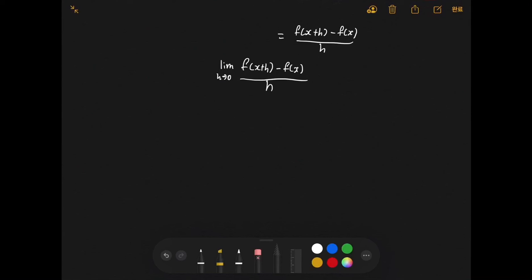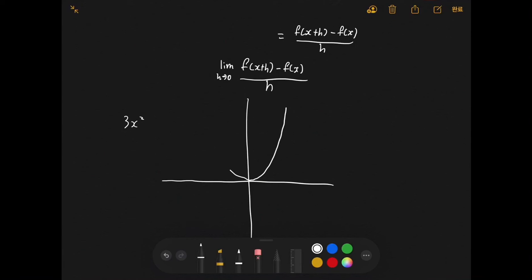Suppose we want to find the instantaneous rate of change of 3x squared. The graph should look something like this. Well, no. I'm so bad at graphing.